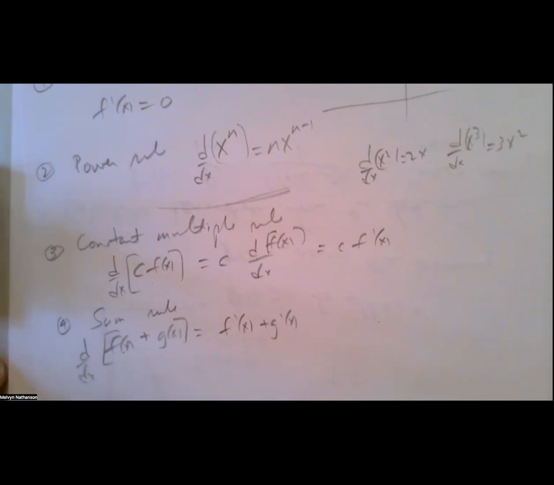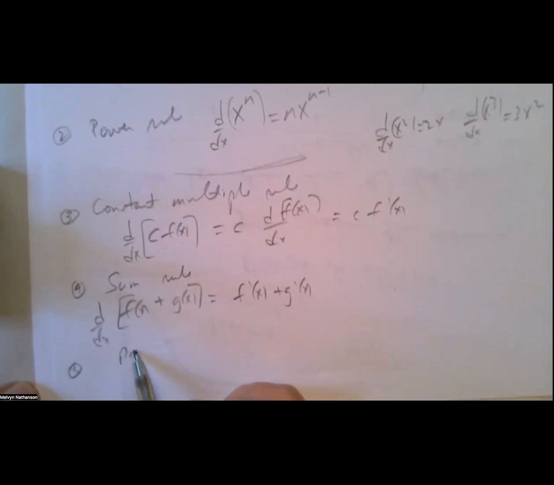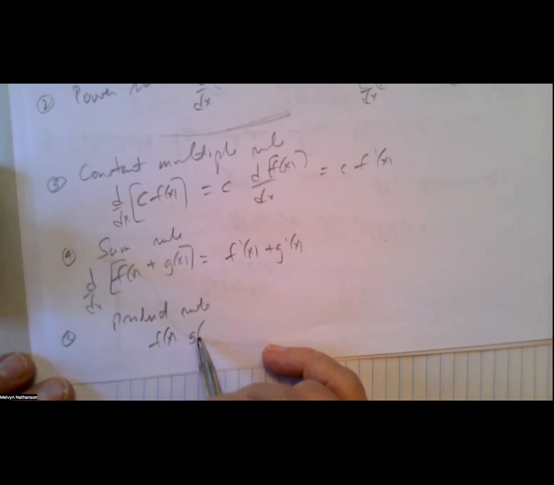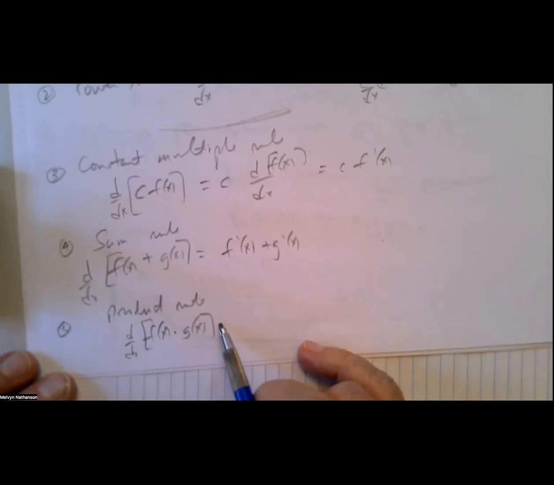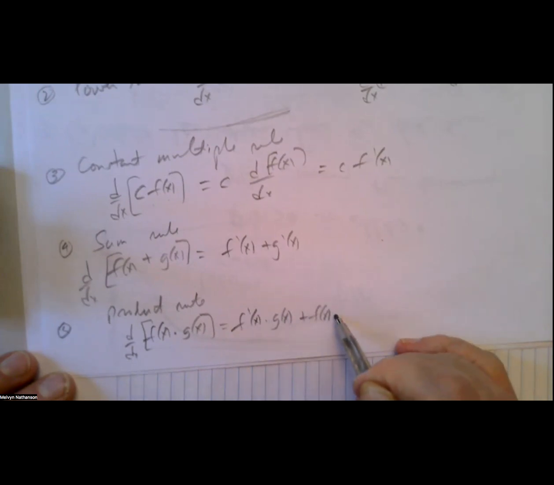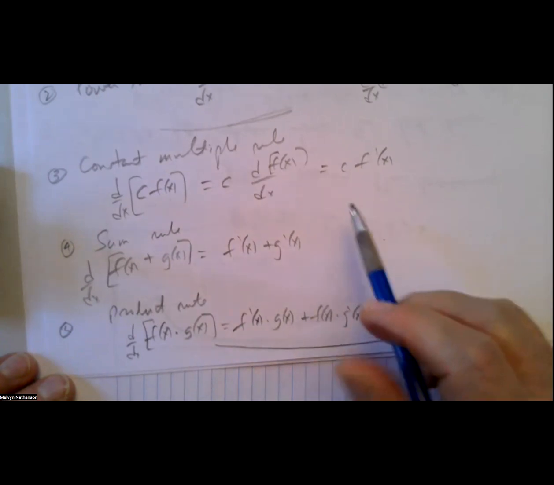We also have the product rule. If we have two functions, f of x and g of x, and we multiply them, now this one's getting a little bit trickier. The derivative of the product of two functions is the derivative of the first function times the second, plus the first function times the derivative of the second. So that's more complicated to remember.